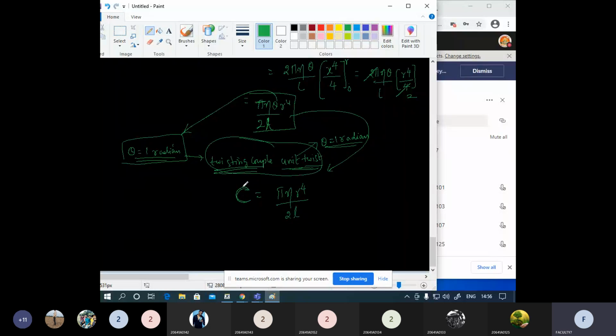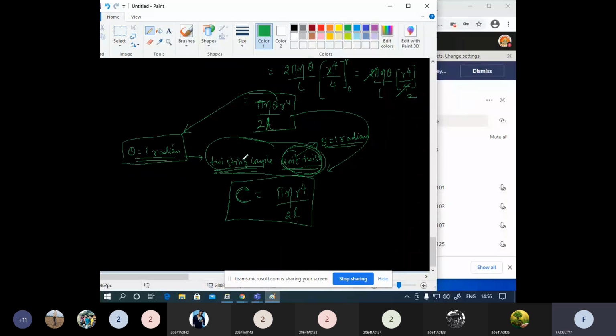It is the twisting couple on the cylinder due to unit twist. What is the meaning of unit twist? If theta equals 1, then you are going to get this. So this is the expression of the twisting couple on the cylinder due to unit twist.